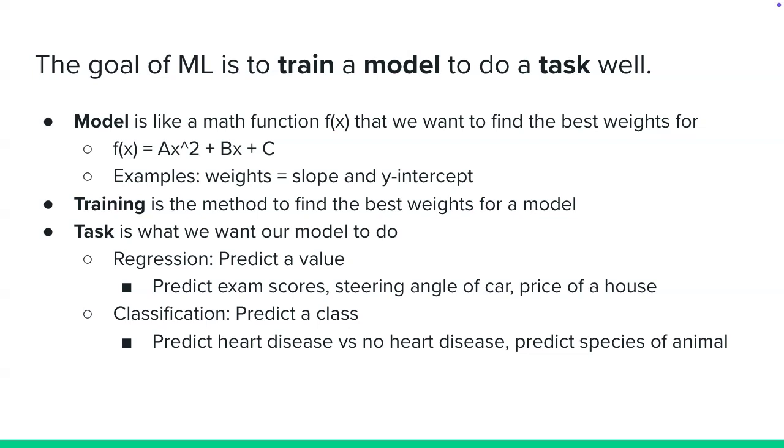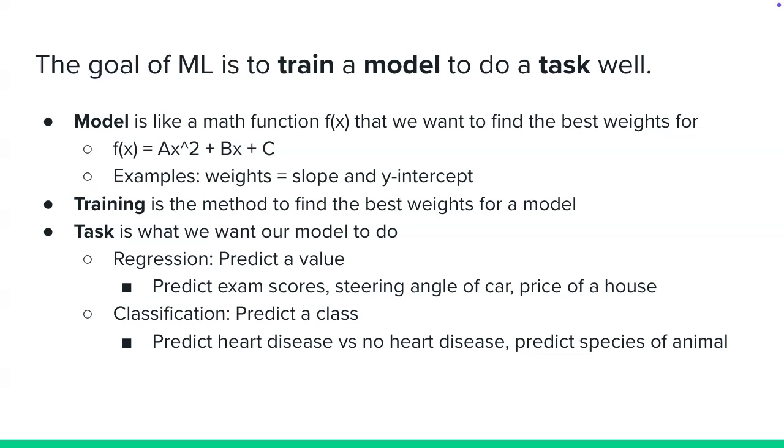The second type of task is classification. Classification is when we predict a specific class from multiple classes, so one class from, let's say, 10 classes. We looked at predicting heart disease versus no heart disease.